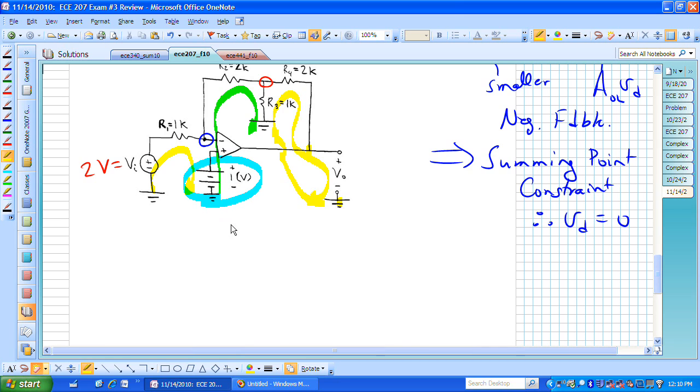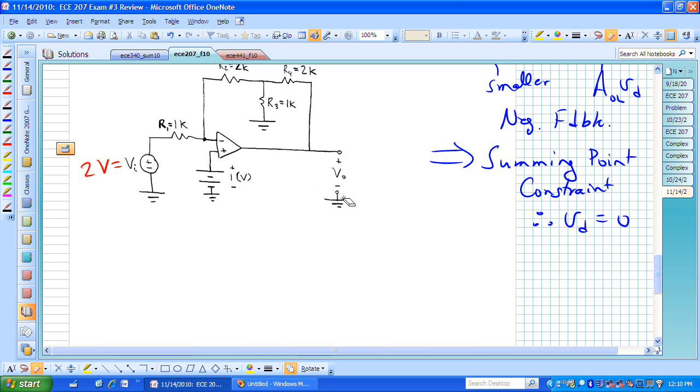Let's clean this up a little bit and get started with our first step. We're going from input to output in our thinking. Let's do a KVL around the input path. Maybe we want to start drawing some currents so that we can keep track of them. Let's label those consistent with our resistors.